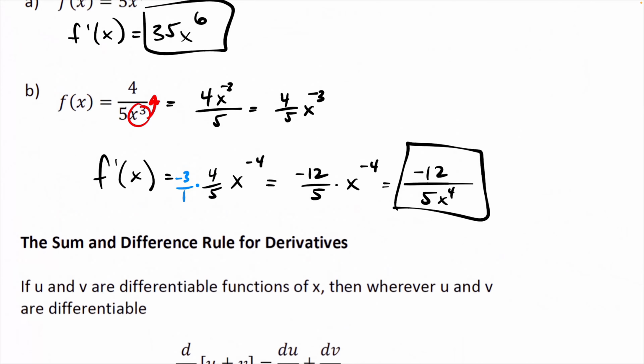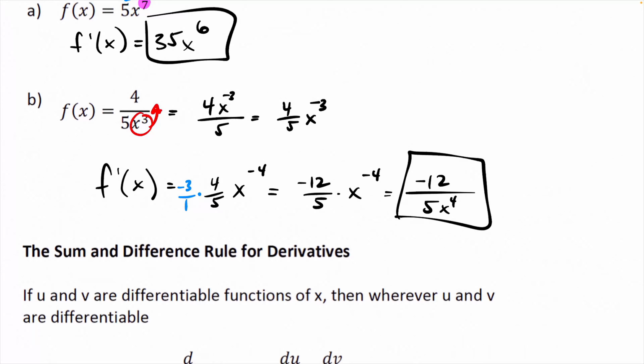Okay. The two that are the most difficult, where I have students making the most mistakes, are this one right here, when the power is a fraction, and this one, where they're connected together, and you have to separate, use the power rule, and then put back together.